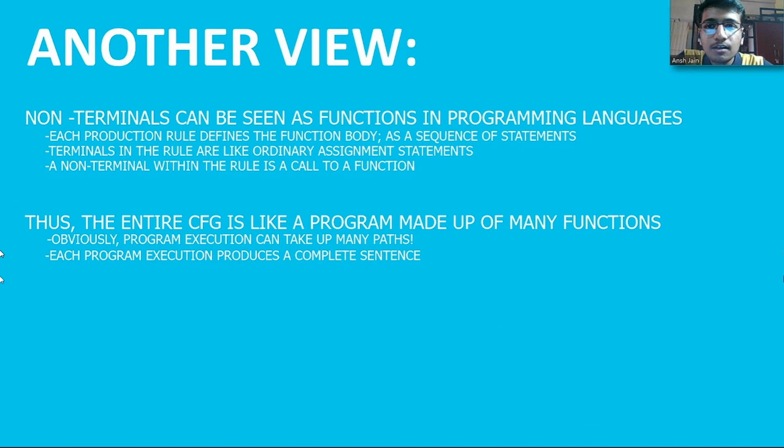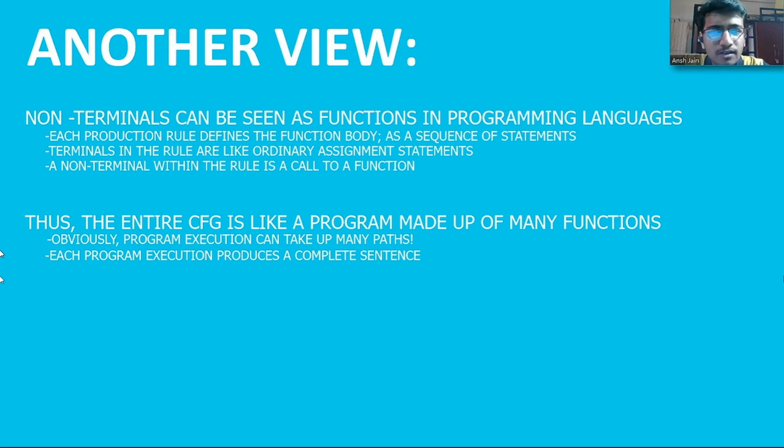This is another view of this. The non-terminals can be seen as functions in programming languages, where each production rule defines the function body as a sequence of statements. Terminals in the rule are like ordinary assignment statements. A non-terminal within the rule is a call to a function, and thus the entire CFG is like a program made up of many functions.